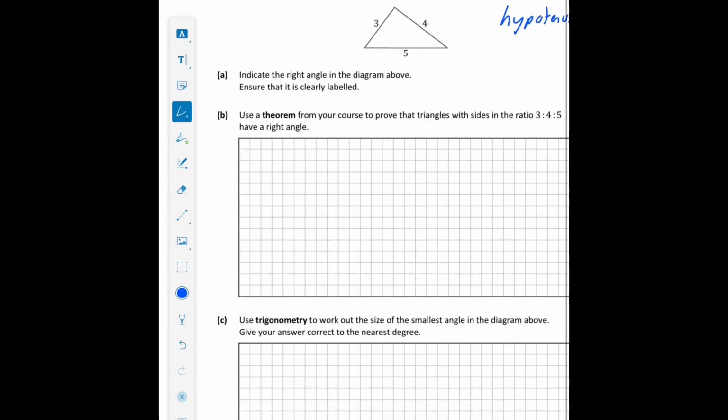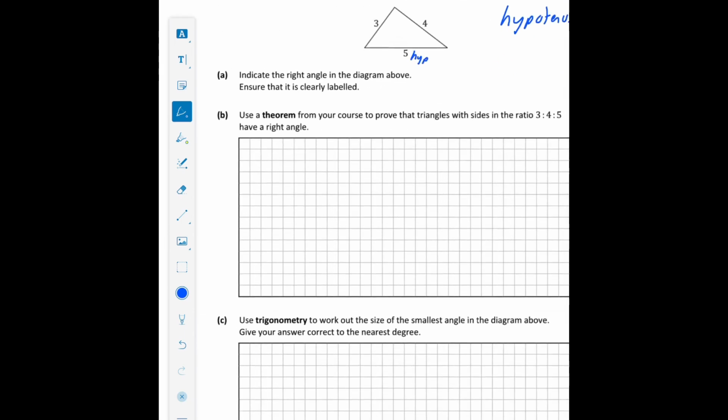Okay, now all along when we've been marking the right angle, the hypotenuse is always opposite the right angle, right? What hypotenuse means is the longest side. So the right angle and the hypotenuse are always opposite each other. So here the longest side is 5.